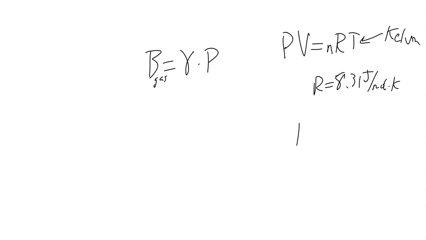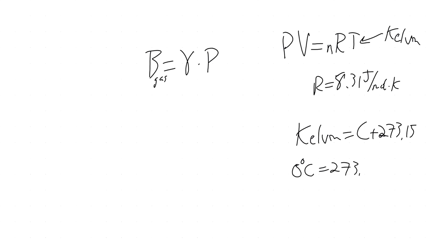Kelvin as a temperature is Celsius plus 273.15. So 0 degrees Celsius equals 273.15 Kelvin, and 20 degrees Celsius equals 293.15 Kelvin, etc. This is like room temperature, and this, of course, is freezing water.